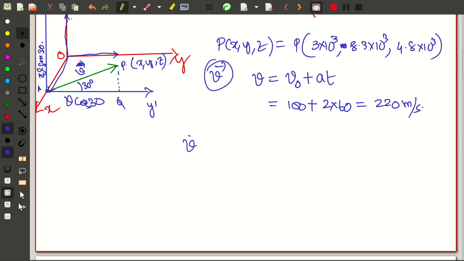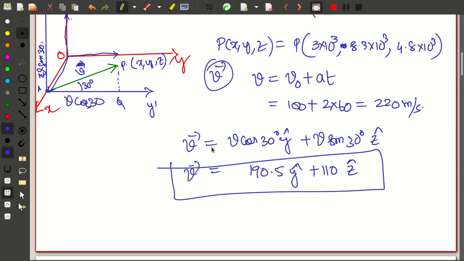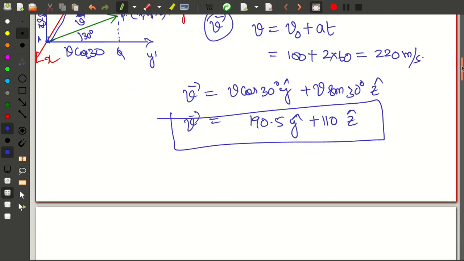Therefore velocity v is equal to v cos 30 y cap plus v sin 30 z cap. So the final answer is 190.5 y cap plus 110 z cap. So therefore you have the velocity here. This is the velocity in Cartesian coordinate system.